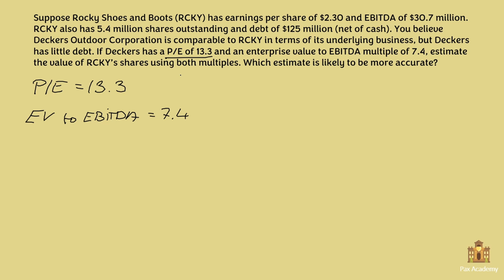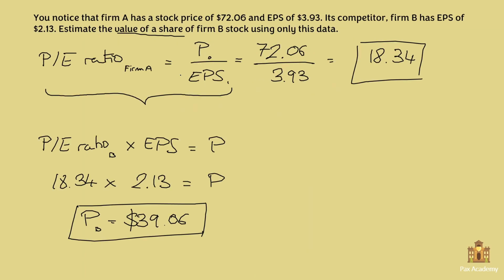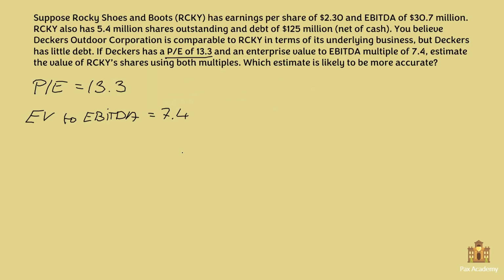Like in the other exercise where we rearranged the formula, we do the same. So we get the PE ratio times the EPS is equal to the price.